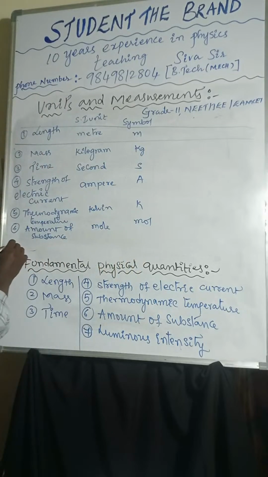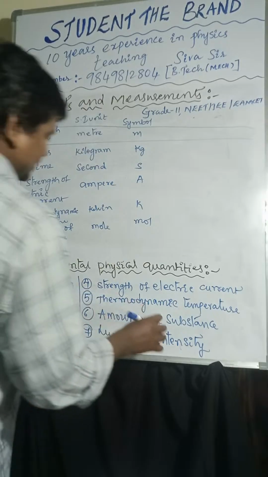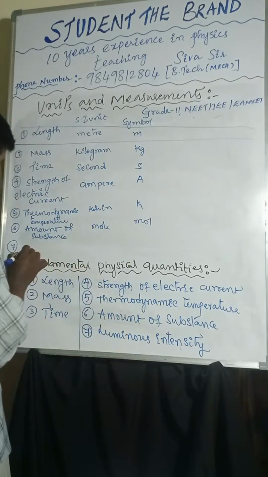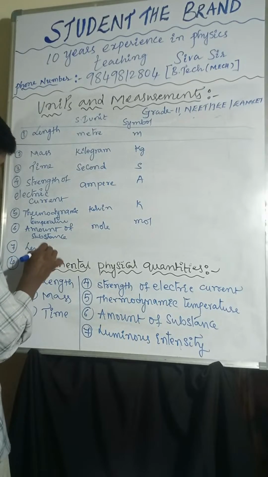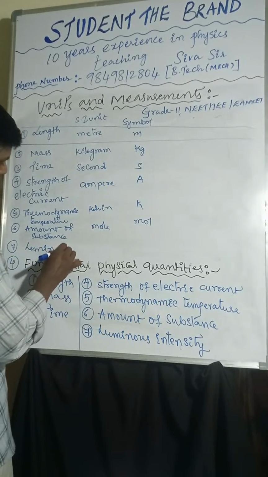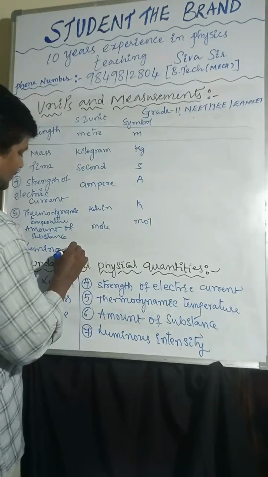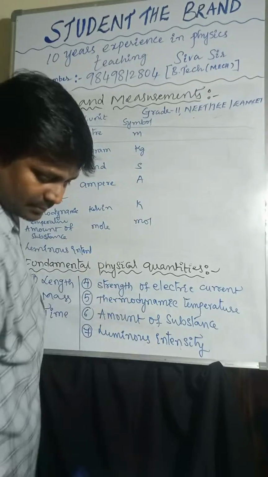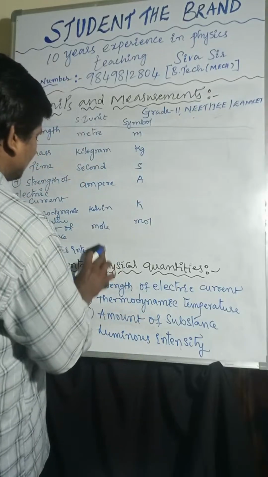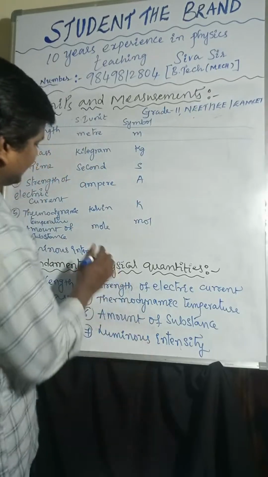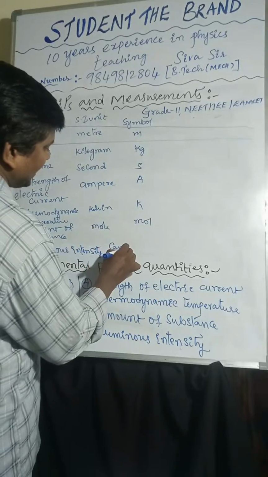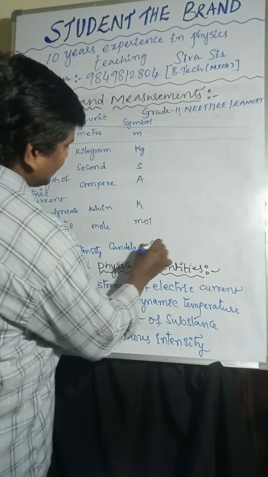And the seventh one, luminous intensity, is candela, cd.